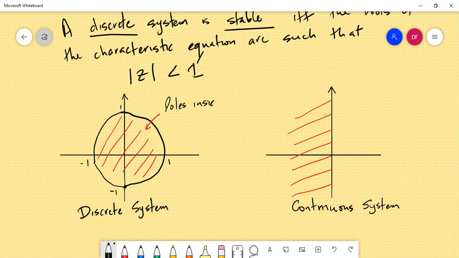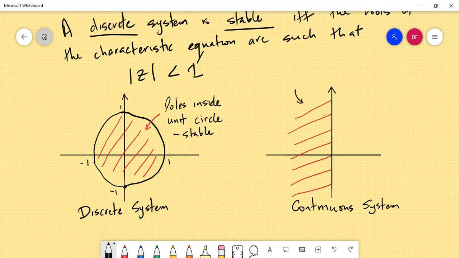So let me just draw a diagram. What I have on the left-hand side is supposed to be a circle. If the poles, the roots of the characteristic equation, are inside the unit circle, the system is stable. For a continuous system, we say that the roots have to be negative.